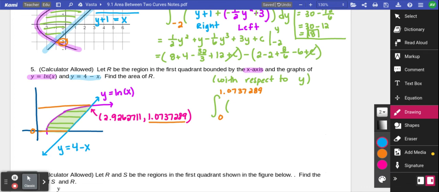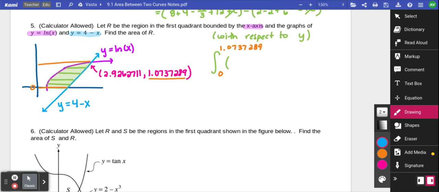My right equation here is not in terms of y yet. It's actually in terms of x because x is not by itself. So what I'm going to do to get x by itself and have y in the equation is I'm going to add x to both sides, and I'm going to subtract y at the same time. Now, when I do that, I get x by itself equals 4 minus y.